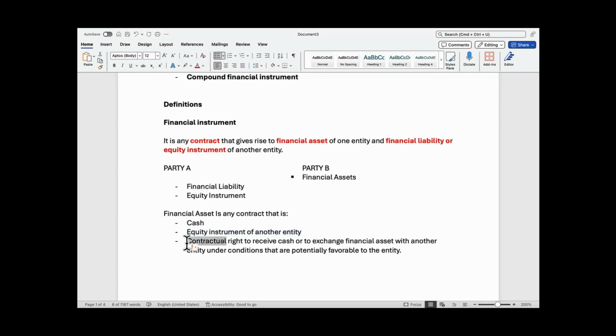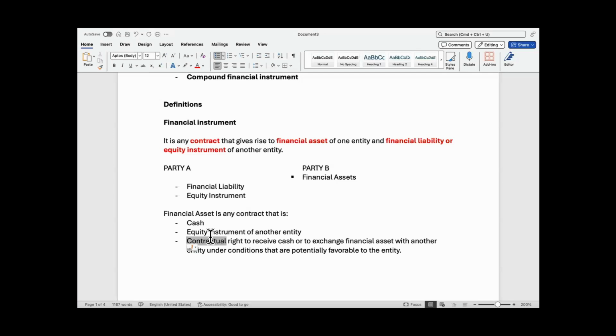Financial asset is also contractual right to receive cash. When you have a contractual right to receive cash, that is a financial asset. And you need to understand that contractual right to receive cash is different from an opportunity to make money.